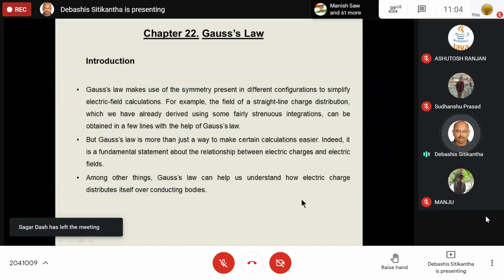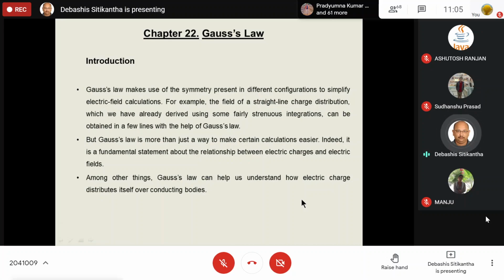So in the last class, we introduced Gauss law, and I told you that Gauss law is basically going to work as a tool for calculating the electric field at any point due to any type of field, whether it is a uniform or non-uniform electric field, quite easily. Previously, we saw a problem on finding the electric field at a distance of x from a straight line segment.